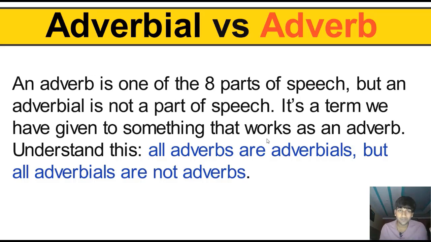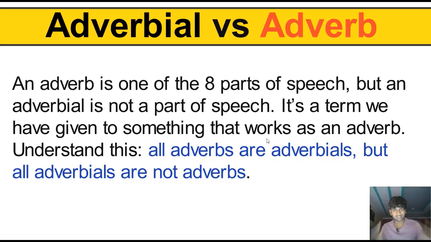And an adverbial is not any part of these 8 parts of speech, right? It is a bigger term. It is just a term that we've given to something. If anything that could be a word, a phrase, or a clause functions as an adverb, we just call it an adverbial.